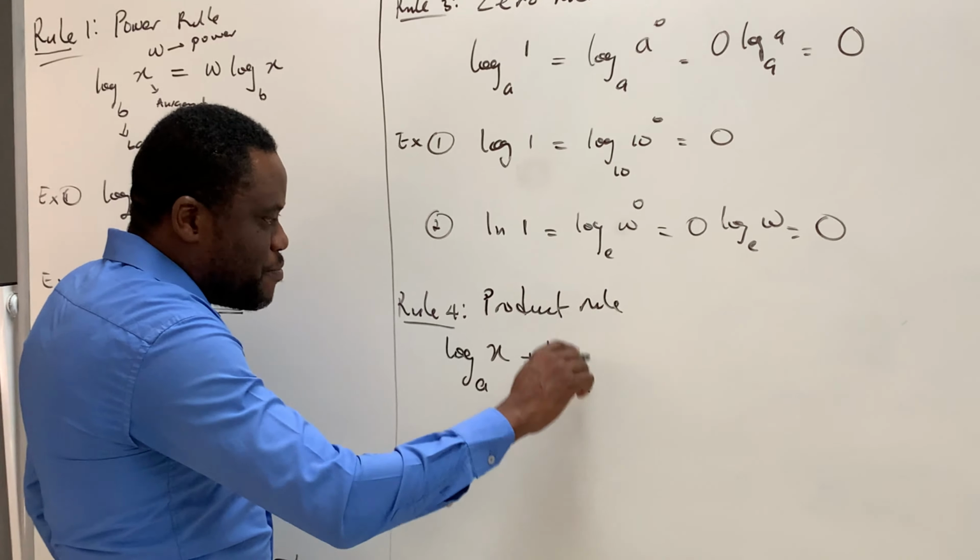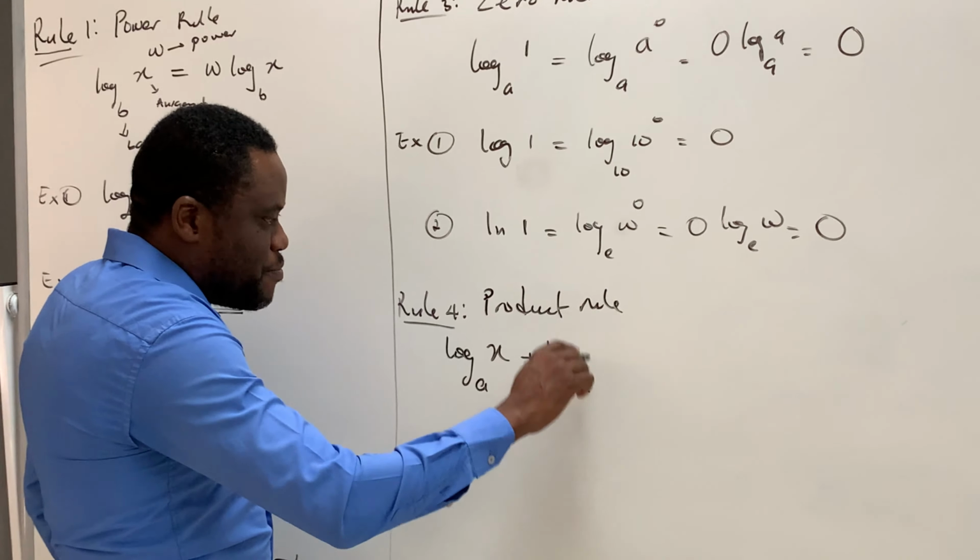Okay? So, what does the law say? The first law says power goes to the back. So, power here goes to the back. So I have 5 log 2. Another rule. The same number in the base and the argument is what? 1. So this guy becomes 1. So 1 times 5 is 5.